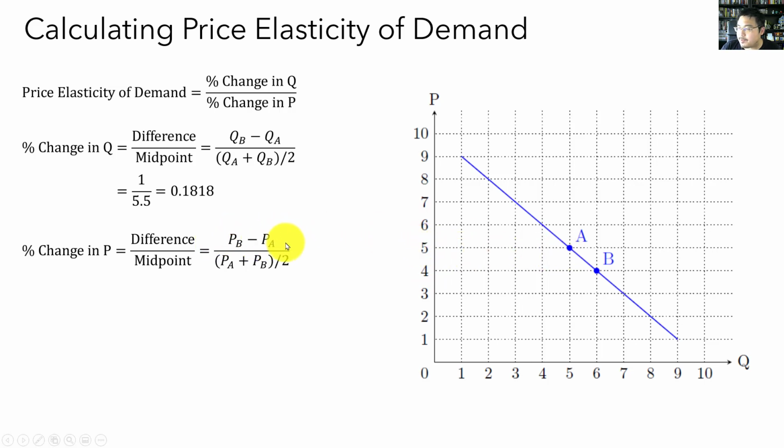So PB minus PA is minus 1. And then what's the midpoint? The midpoint between the price at point A and point B is 4.5. So the percent change in price is equal to minus 1, that's the difference, divided by 4.5, that's the midpoint, and plugging that into a calculator, we get minus 0.2222.